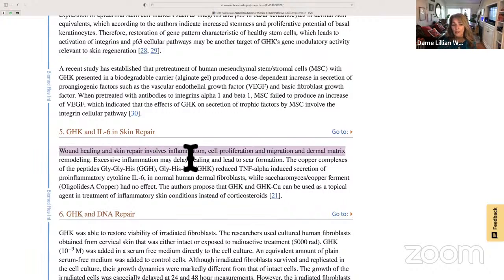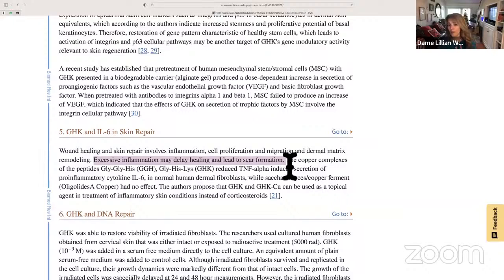So wound healing and skin repair involves inflammation and cell proliferation, that's the ability to multiply, and migration, getting to your dermal matrix remodeling. So the layer of your skin that has to do with your skin remodeling. Okay. Excessive inflammation may delay healing and lead to scar formation.